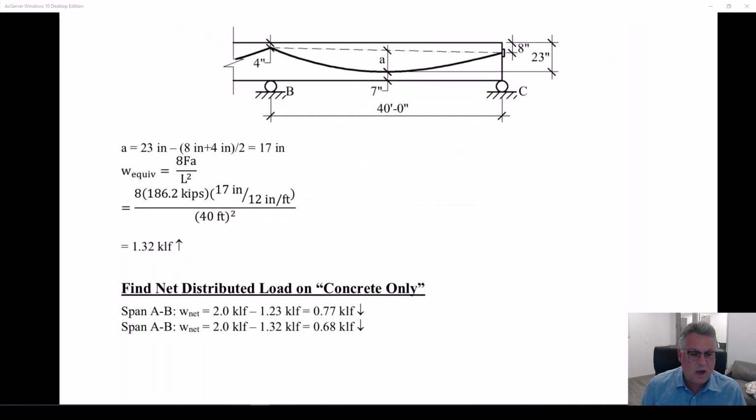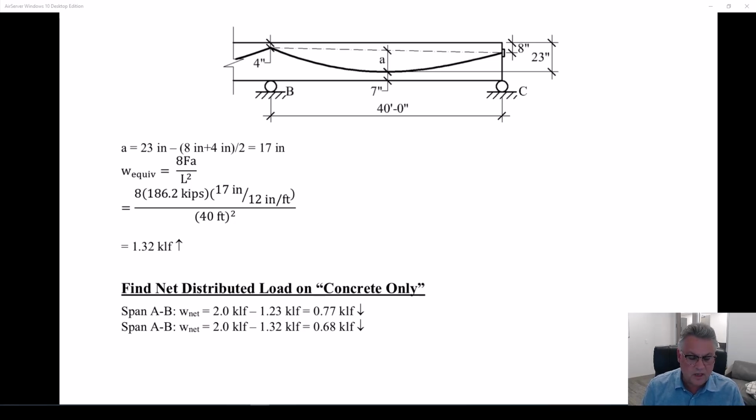So because our applied loads are uniform distributed load of 2 kips per foot, and we have an upward load that's also an evenly distributed uniform load, we can just offset those. We can just find the net load on the concrete only.